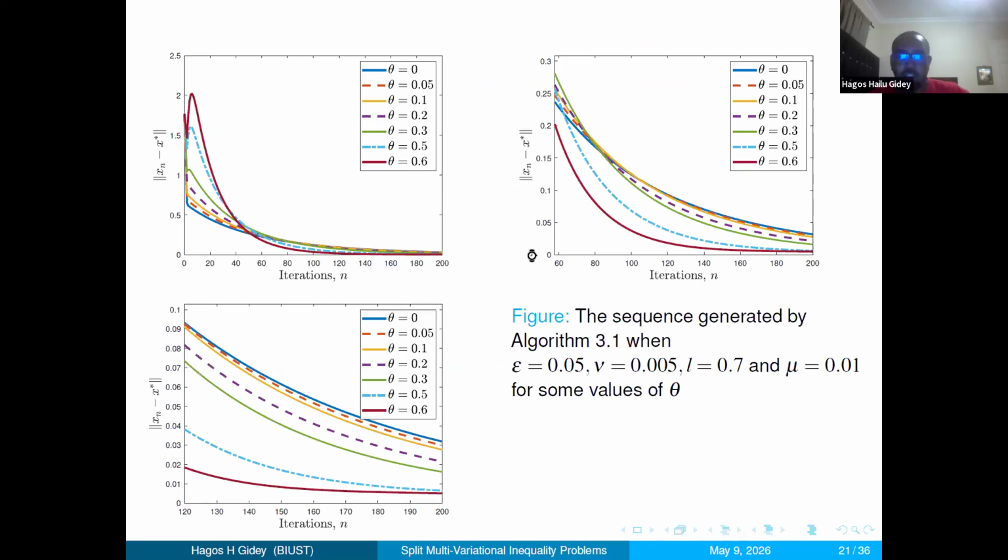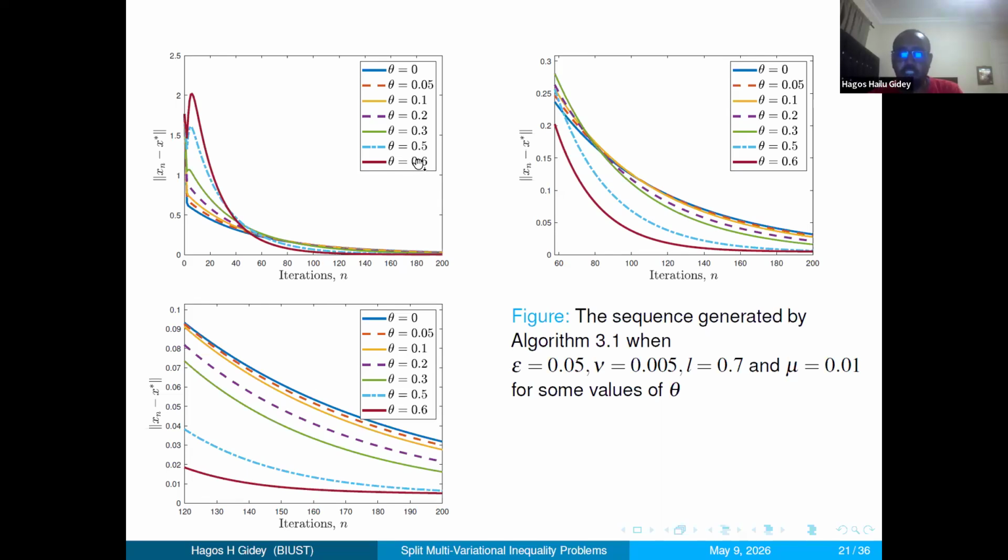And here are the simulations. I just zoomed in on this one. Two of them, three of them are the same figure, but I just took different intervals to see the graph. We have different values of theta. Theta 0 means without inertia.